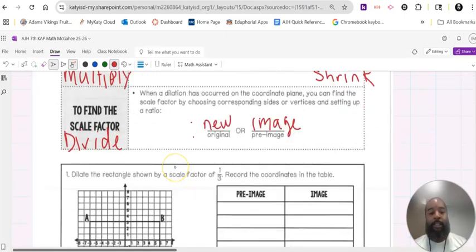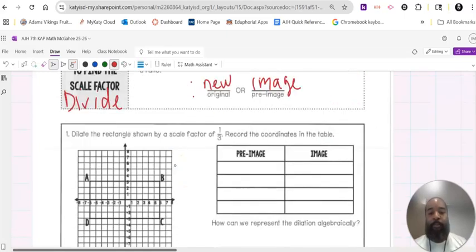So let's look at this first example. We have to dilate the rectangle by a scale factor of 1/3. Because the scale factor is 1/3, this image will shrink.